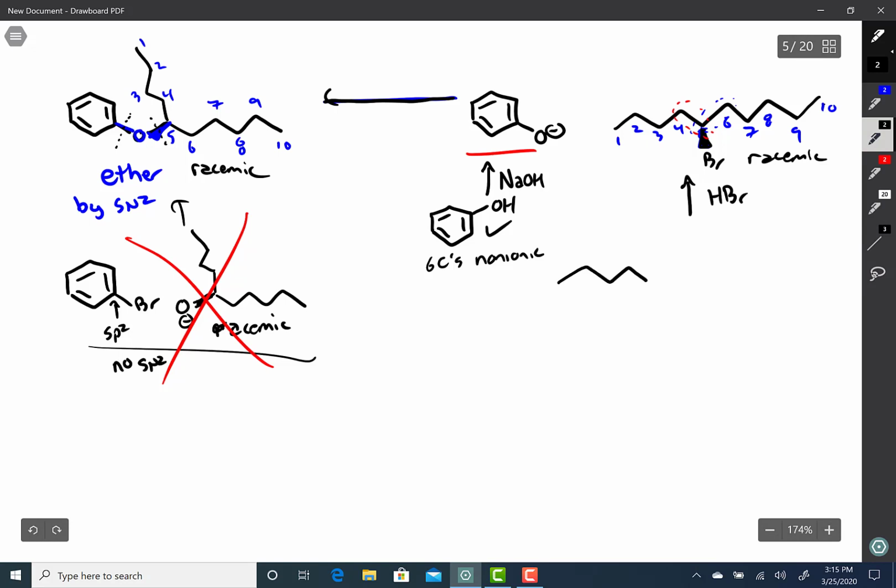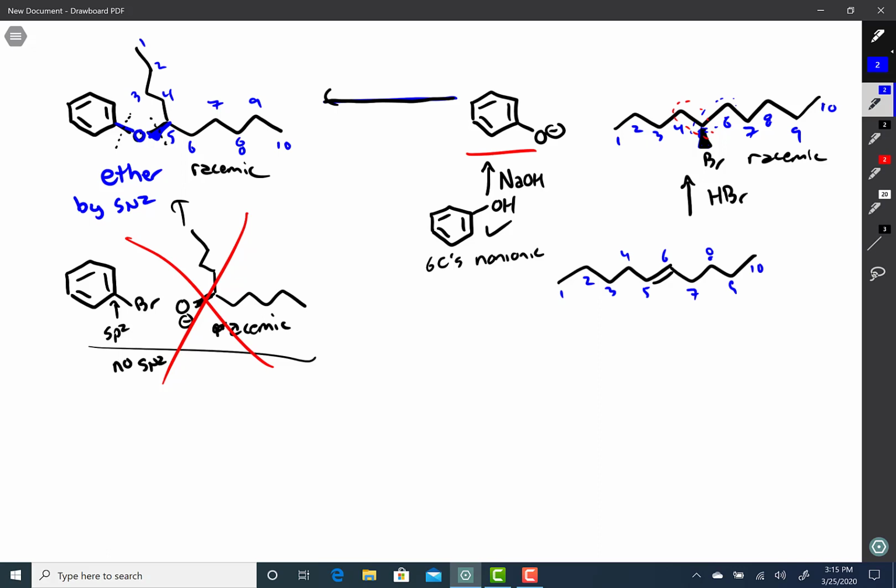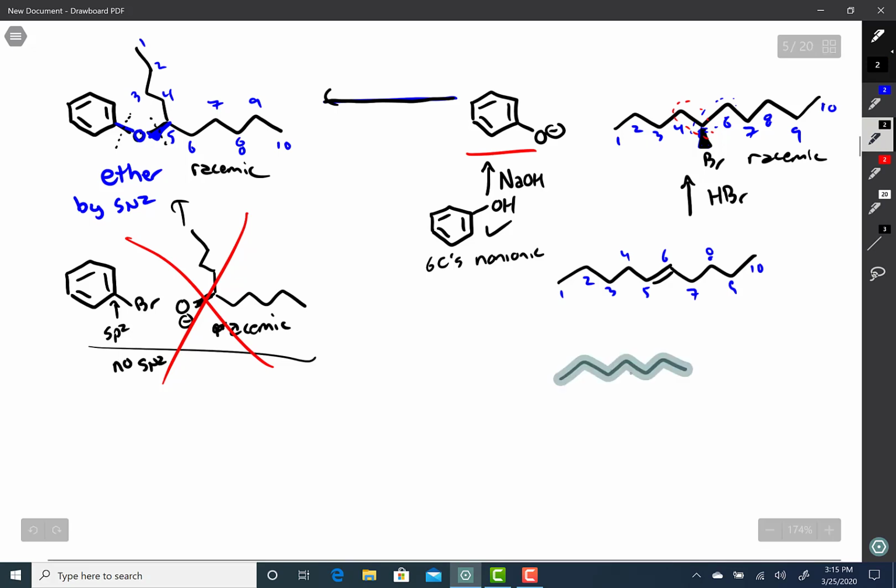Now, I drew that double bond as trans. I could have just as easily drawn that double bond as cis.